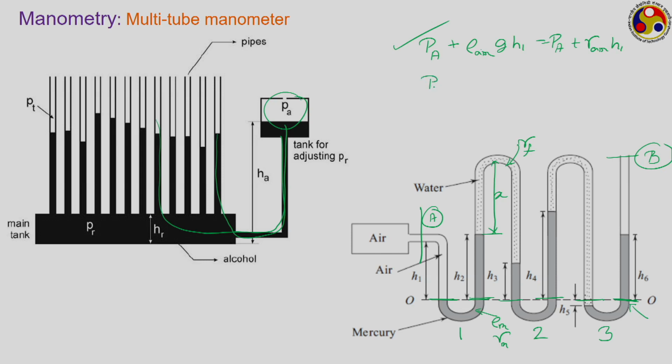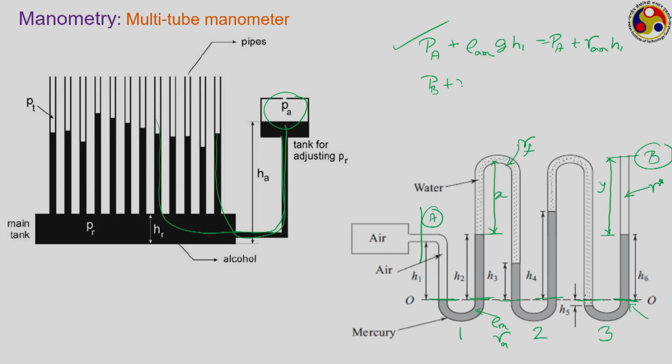This pressure has to be Pb plus, let us say we have a fluid here of density gamma star. It may be air, it may be some gas, and the corresponding height of this is equal to y.